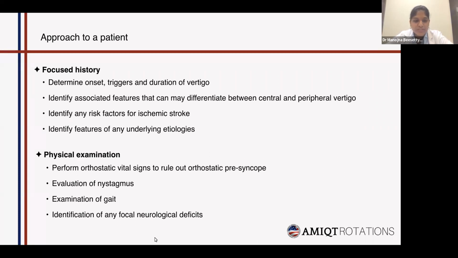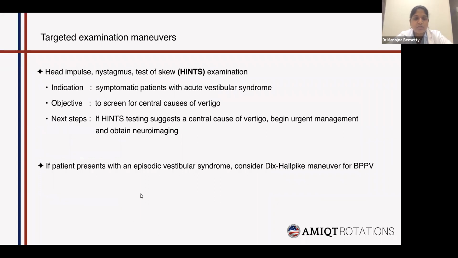The evaluation of nystagmus and the examination of gait and other focal neurological deficits also help us in differentiating the central and peripheral causes. Coming to the targeted examination maneuvers, firstly, let's go with the HINTS examination. HINTS examination is head impulse testing, nystagmus, and test of skew. The indication is symptomatic patients with acute vestibular syndrome.